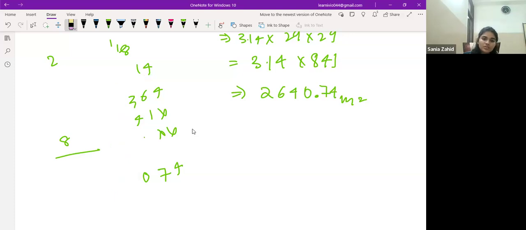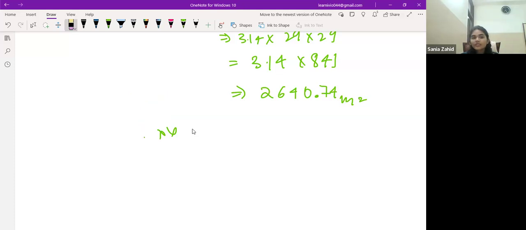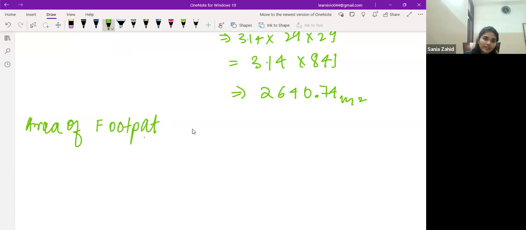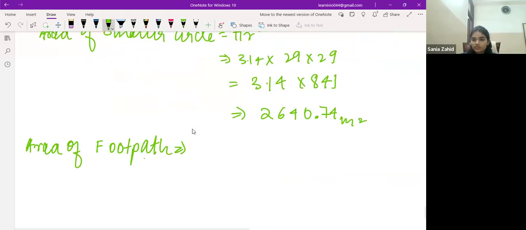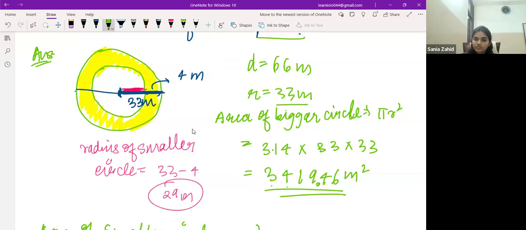You understand this much? Yes, ma'am. Now I have to find the area of the footpath. So how will I find the area of the footpath? You have to subtract 2640.74 from 3419.46 meters square.